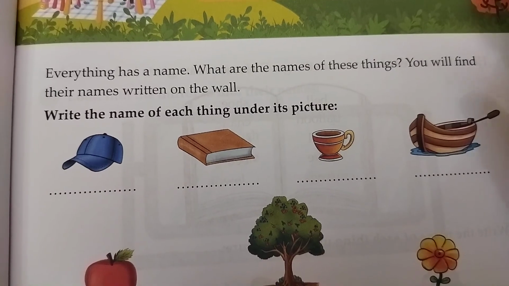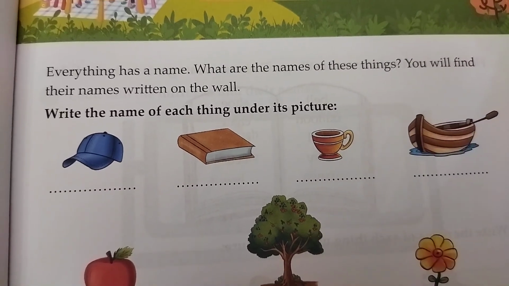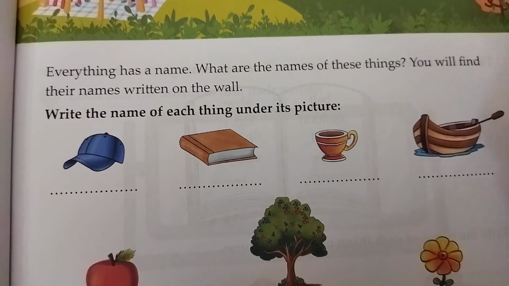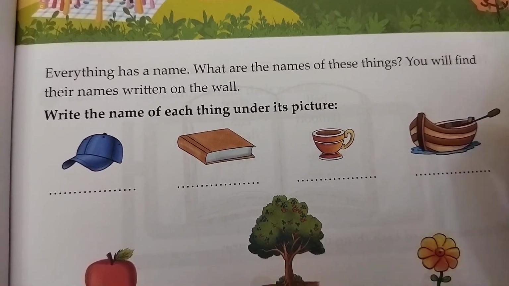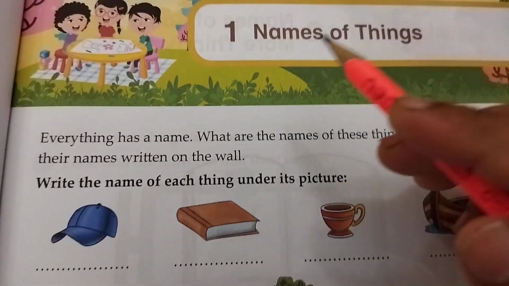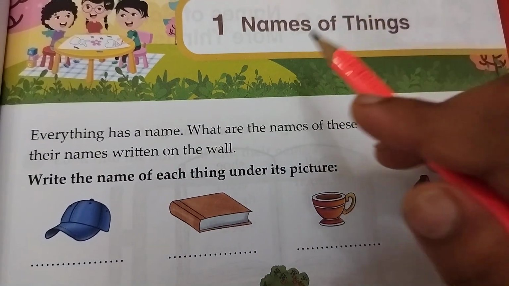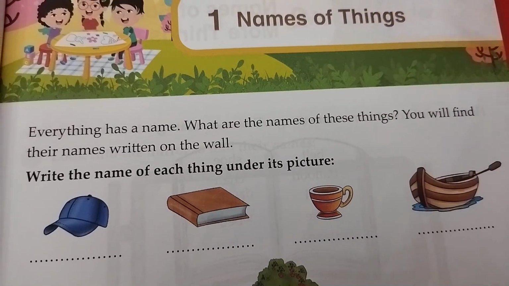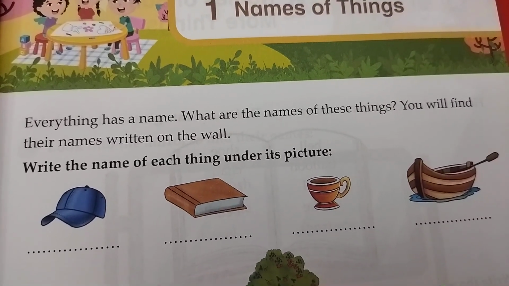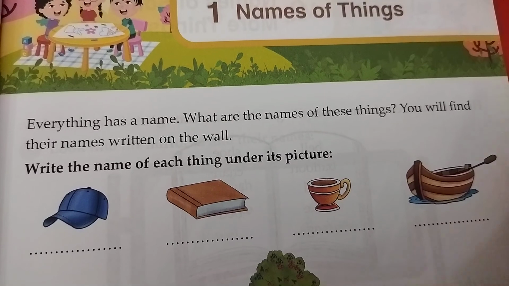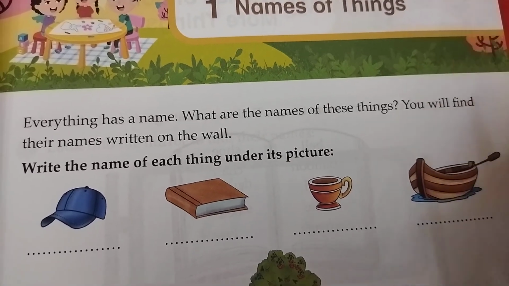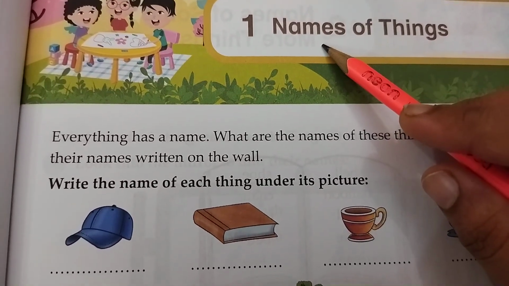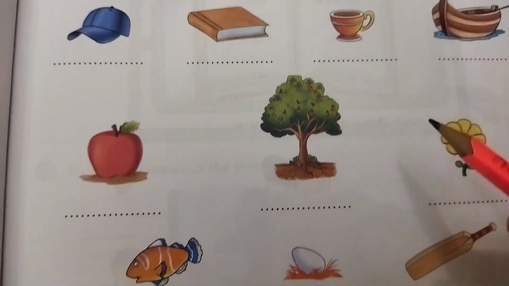Then you'll find out that there are a lot of things all around, and everything that we see has a name. So what are we going to learn today? We are going to learn the names of different things. It's very simple because everything that we see, that we can touch, has a name. So that's simple, we are going to learn some of the names of different things.